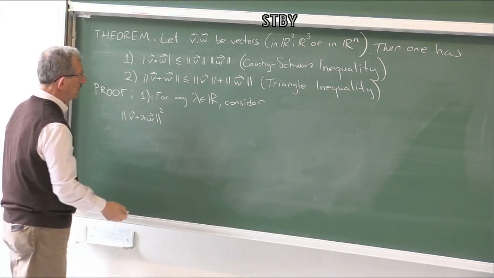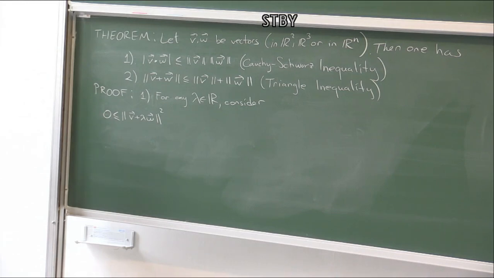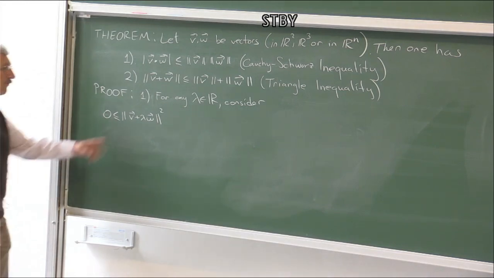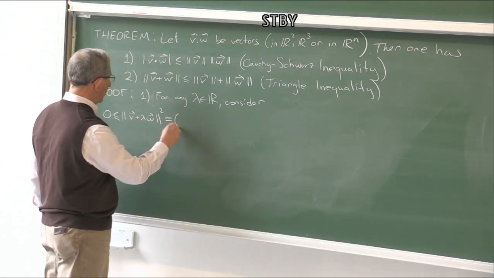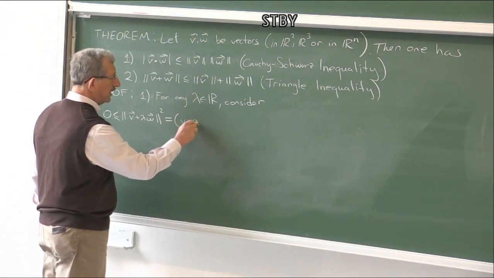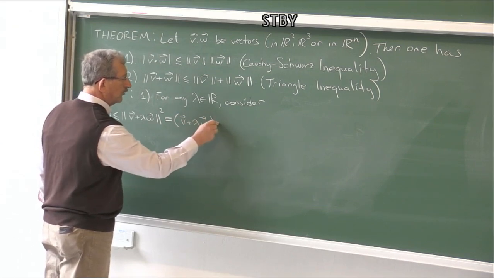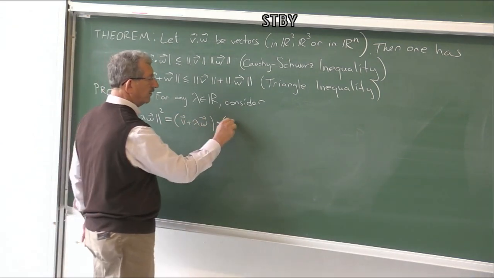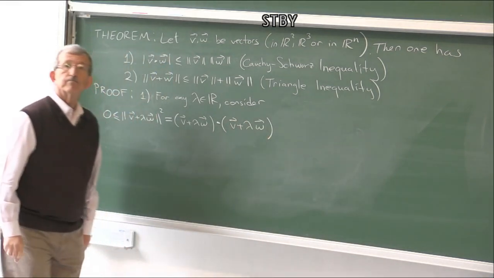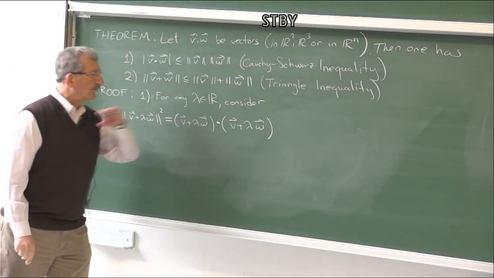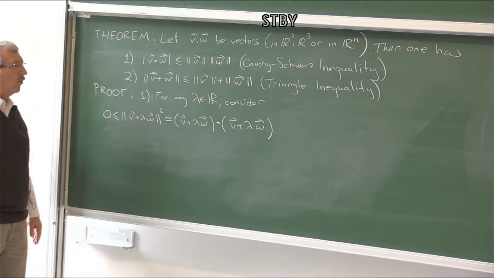So this is always non-negative in the first place. It's true for every lambda. But that's the same as v plus lambda w dot the vector v plus lambda w, because the dot product of a vector with itself was the square of the norm.